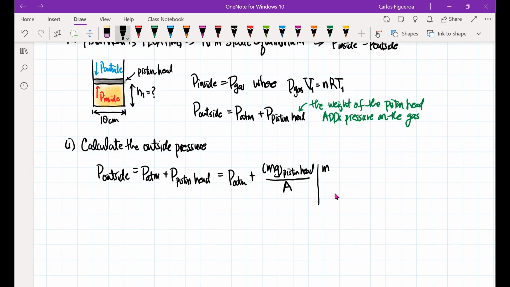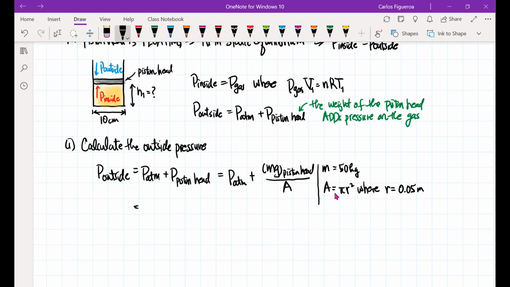Now, we know a couple of these numbers already. We know that the mass of the piston head is 50 kilograms. And we know that the area, because it's a cylinder, must be pi r squared, times the height will give me the volume, where r is equal to 0.05 meters, in other words, 5 centimeters. So now I'm going to punch in my numbers.